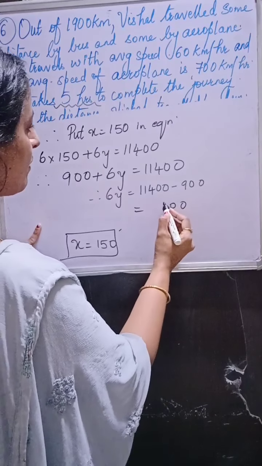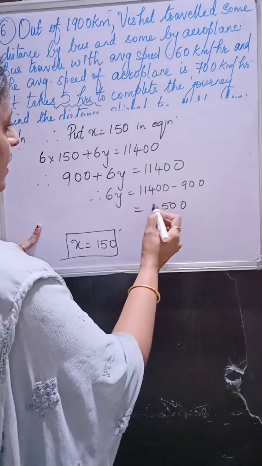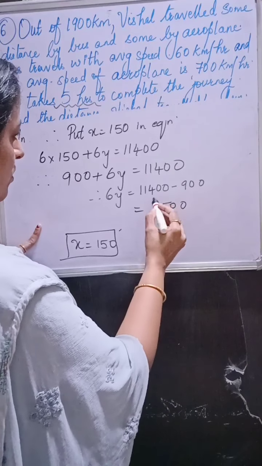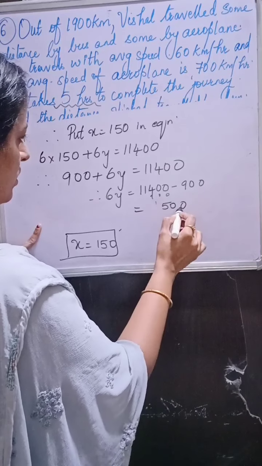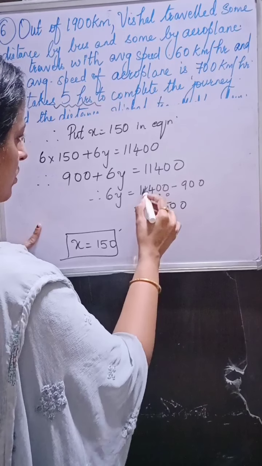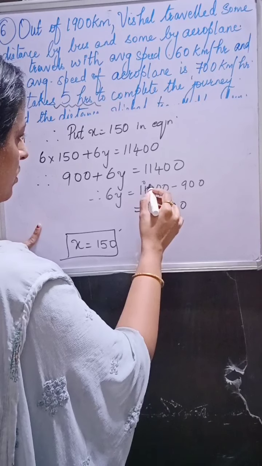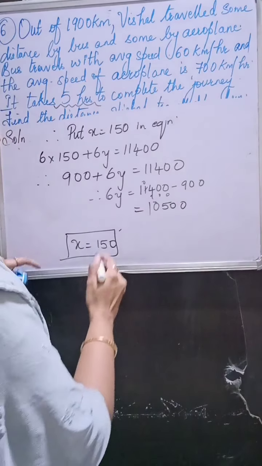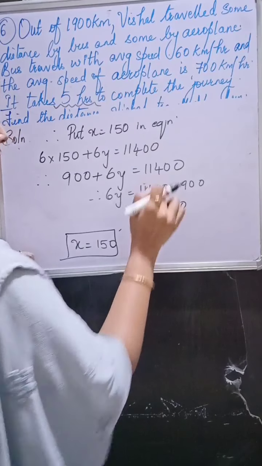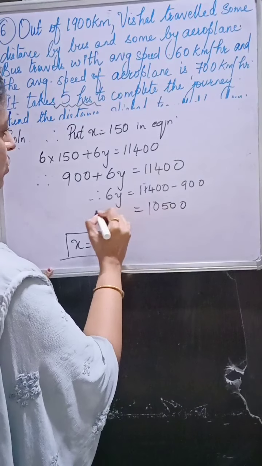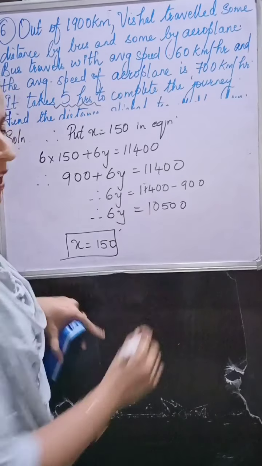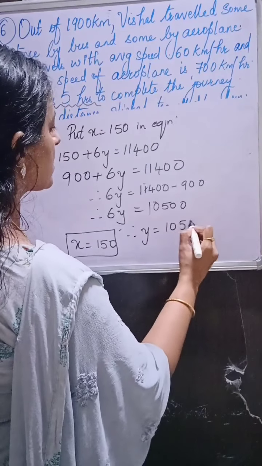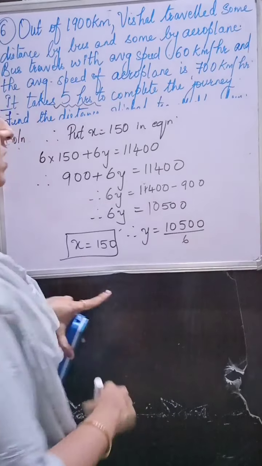14 minus 9 will be 5, and so on, 10500. So therefore 6y is equal to 10500, y is equal to 10500 upon 6.